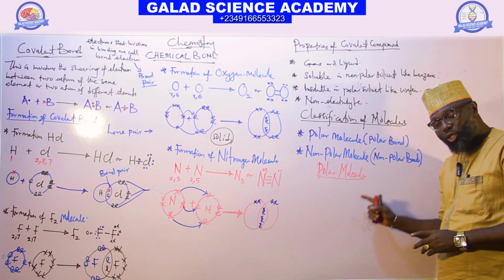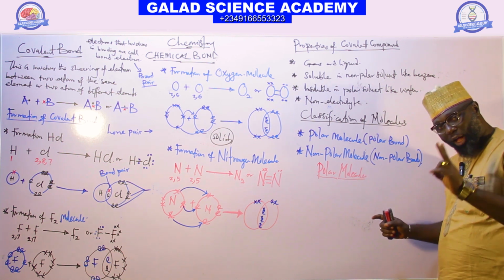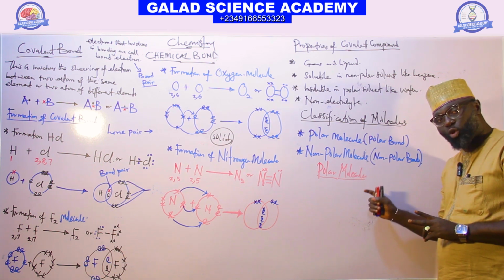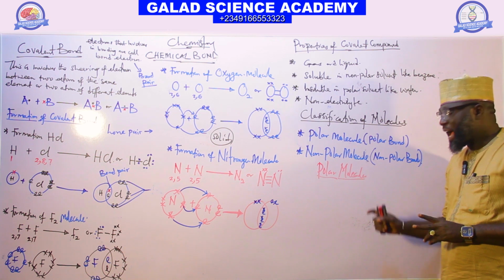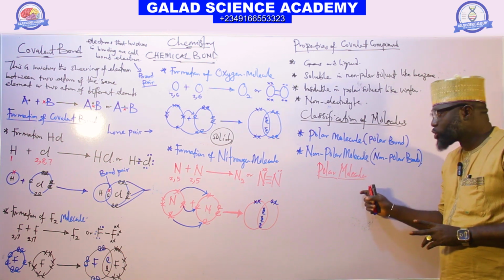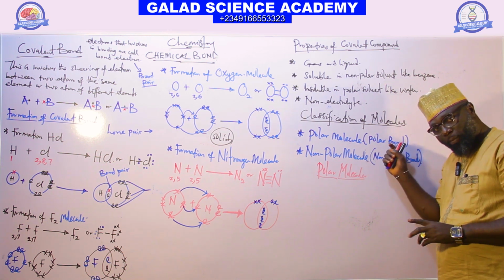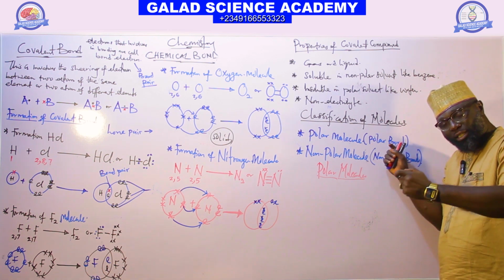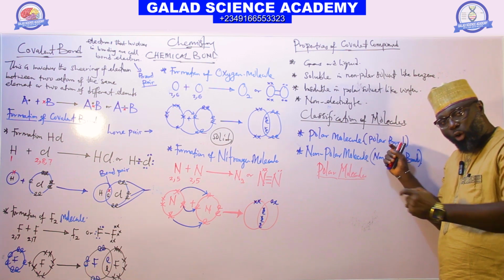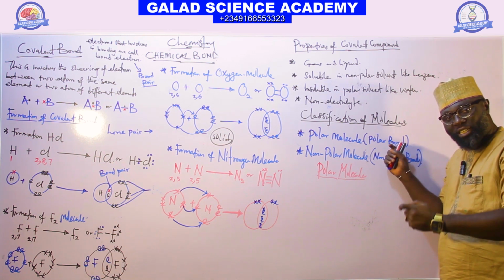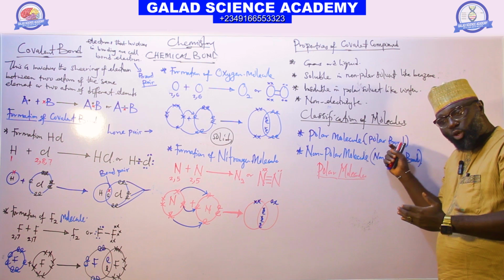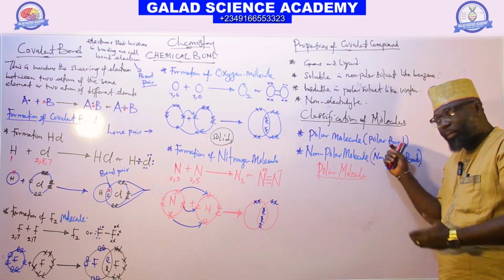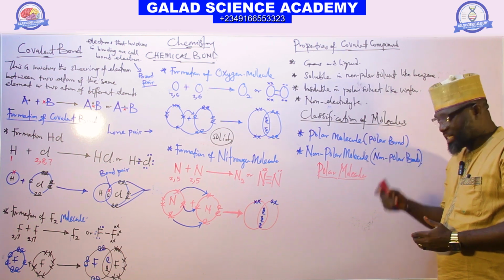And the bond in a polar molecule is called a polar bond. So a polar bond is a bond that exists between two atoms of different electronegativity, and their bond electrons will shift towards the element of higher electronegativity.